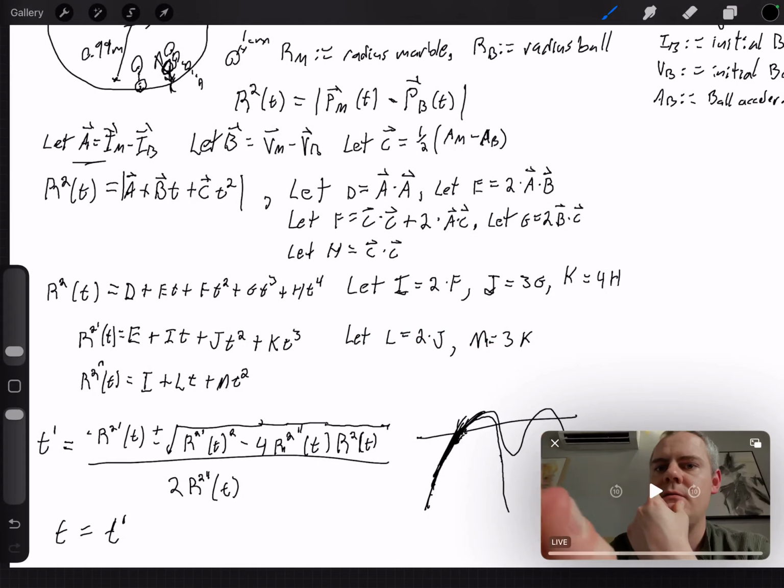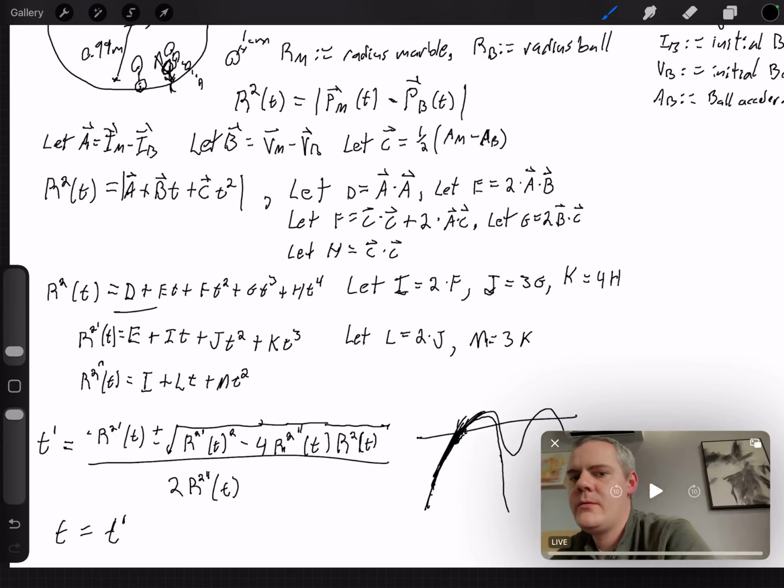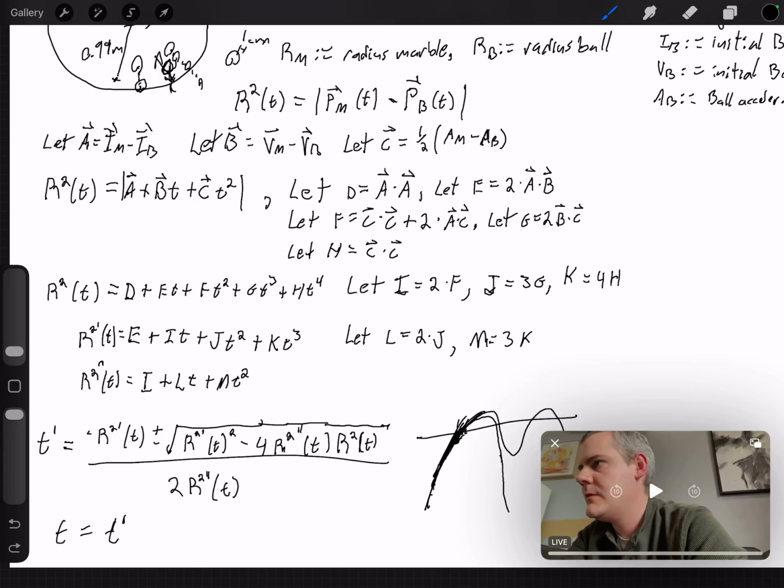Okay, A is relative position. D is relative position dot relative position, and then ultimately that becomes a 0th order term. Now what have I done?